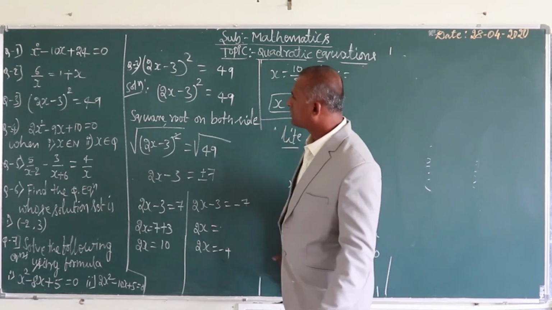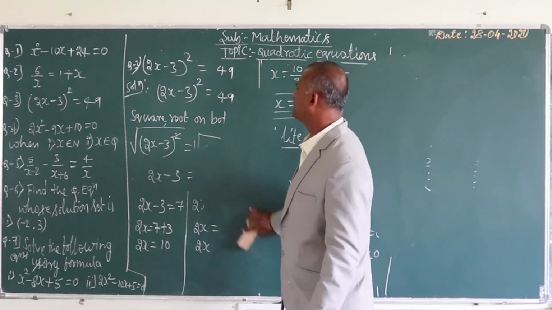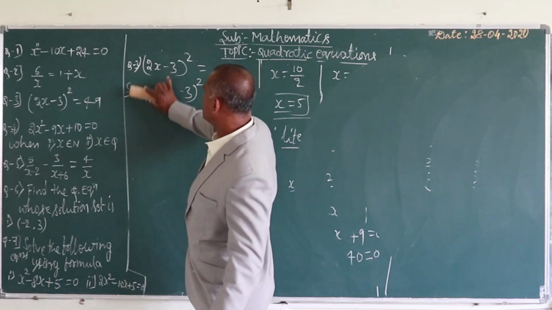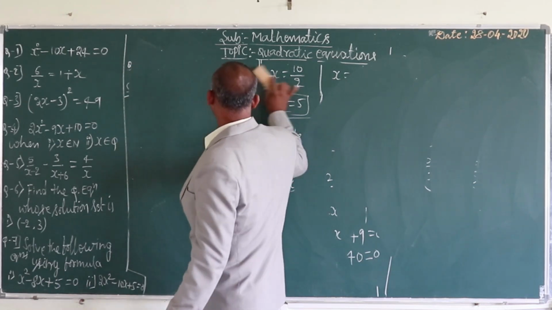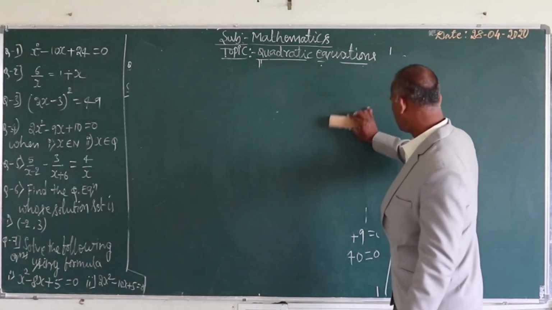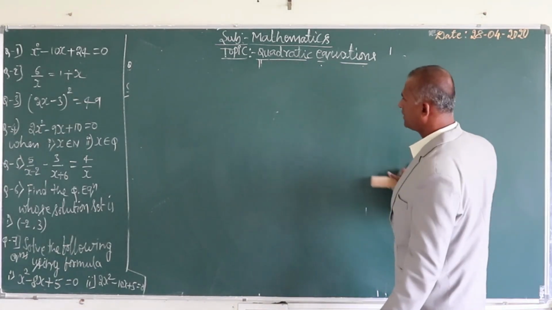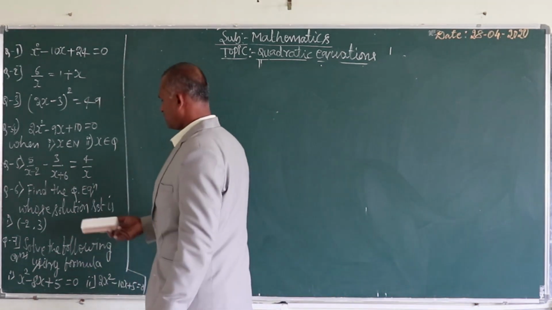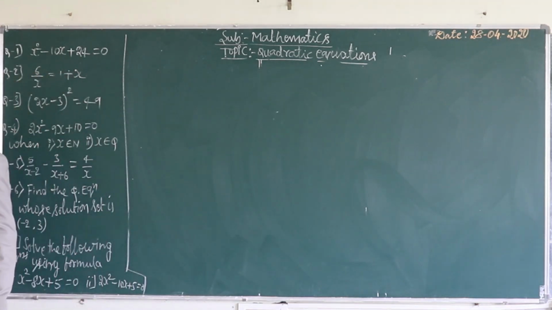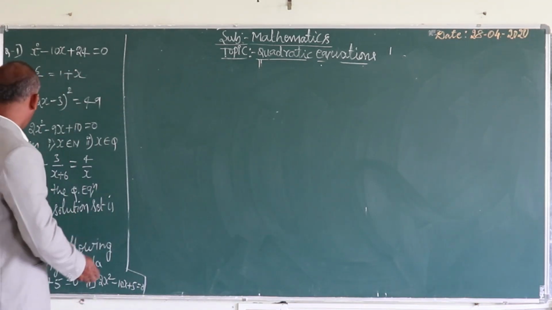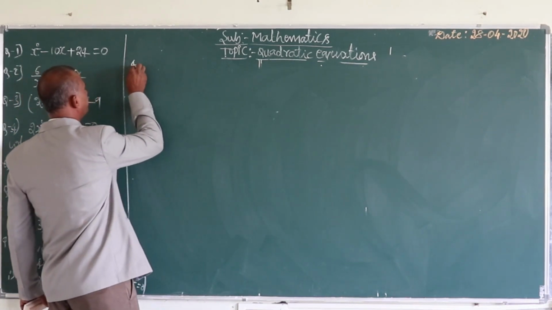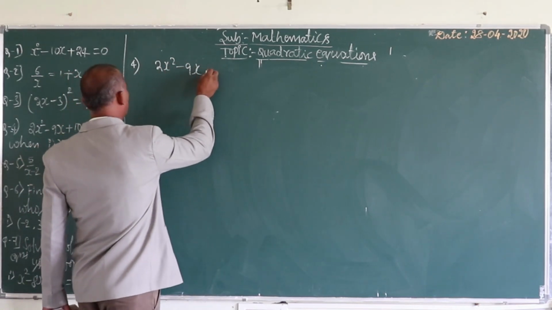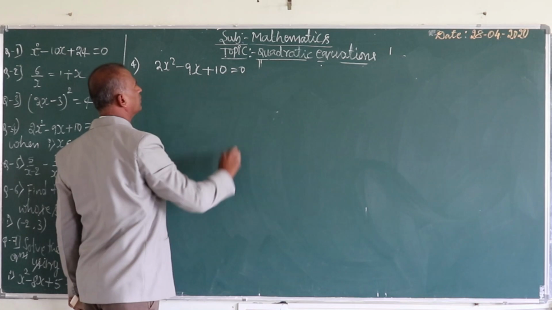The question number 4 is 2x square minus 9x plus 10 equals 0. That is this quadratic equation they gave us. 2x square minus 9x plus 10 equals 0.